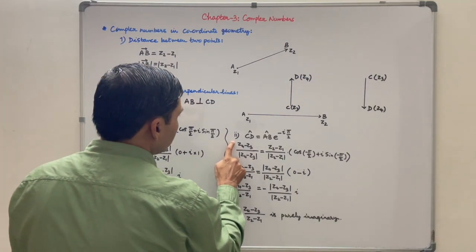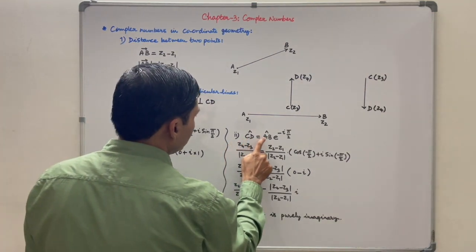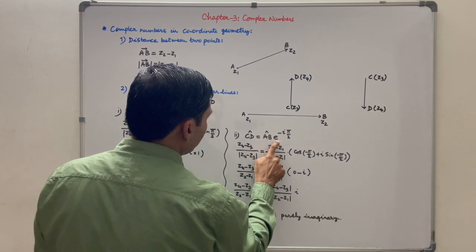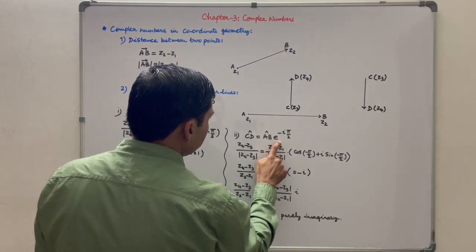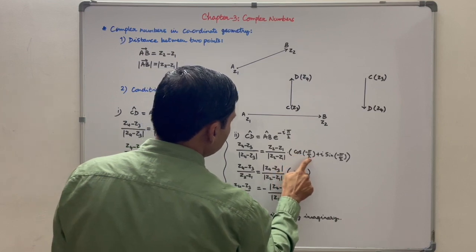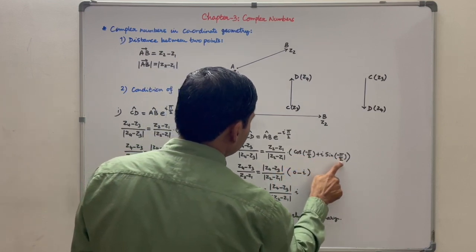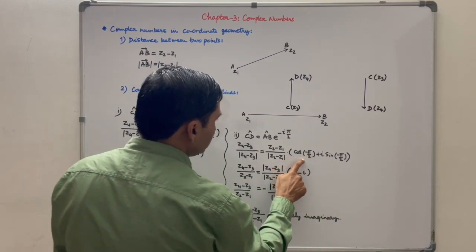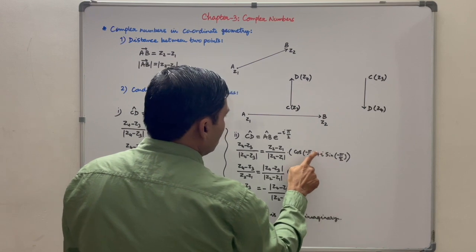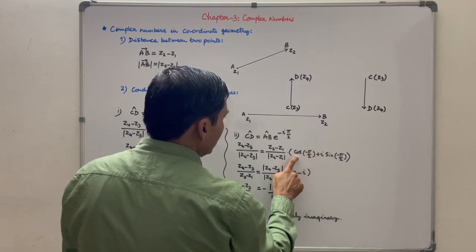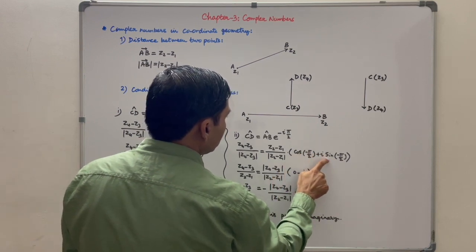In case 2, we can write unit vector CD is equal to unit vector AB into e to power minus i pi by 2. e to power minus i pi by 2 can be written as cos(minus pi by 2) plus i sin(minus pi by 2). Cos minus theta is equal to cos theta and sin minus theta is equal to minus sin theta. Value of cos pi by 2 is equal to 0 and value of sin pi by 2 is equal to 1.